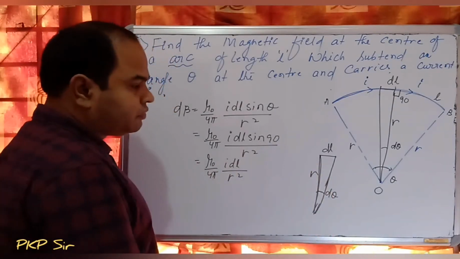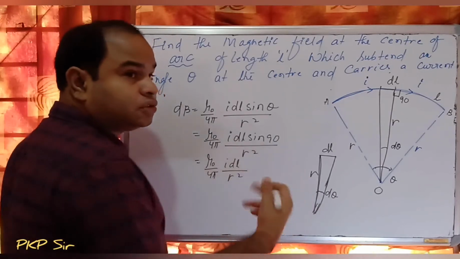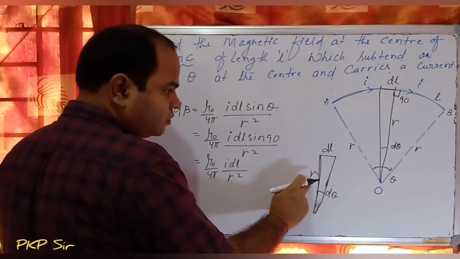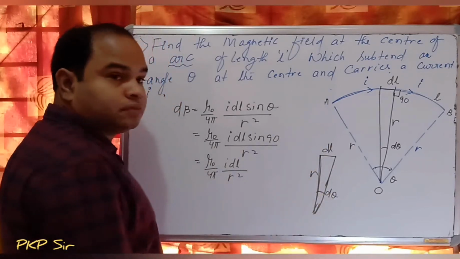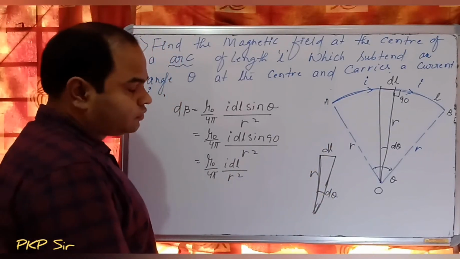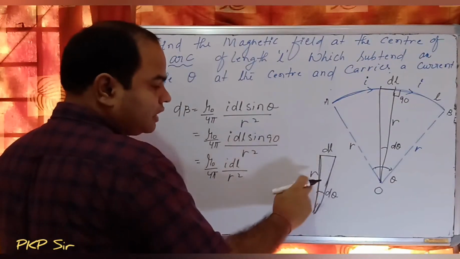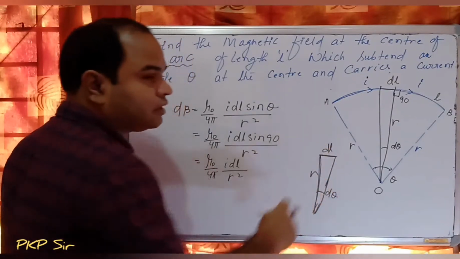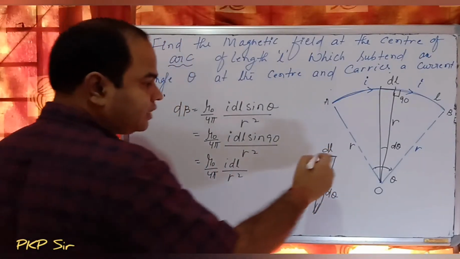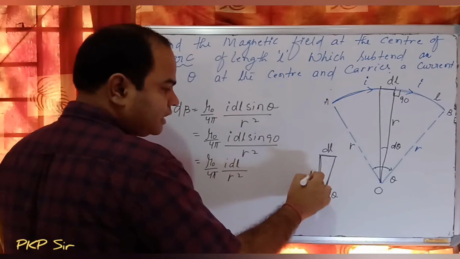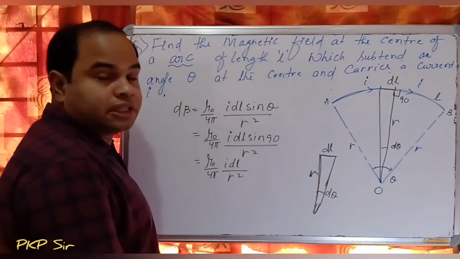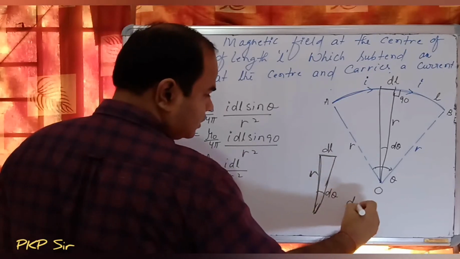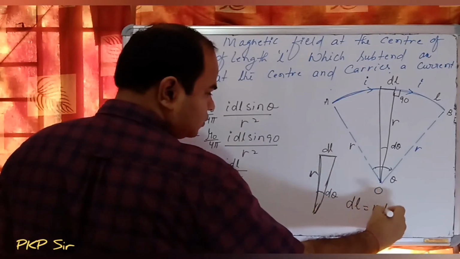The relation between them is L is equal to r theta. Here, this small length dl is equal to r d theta.